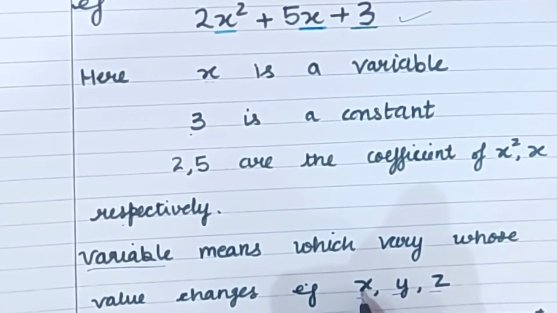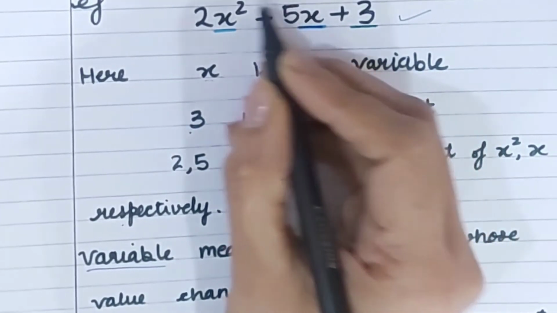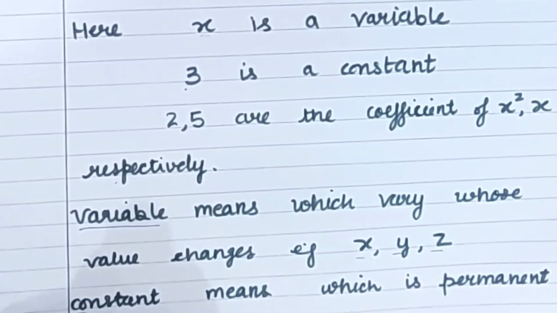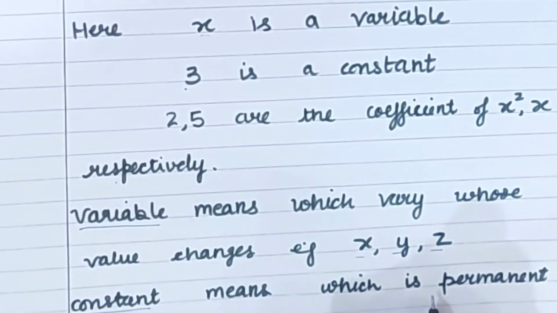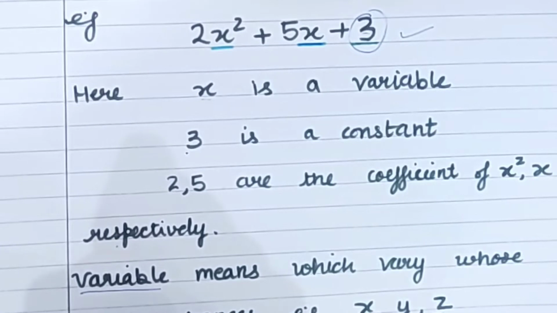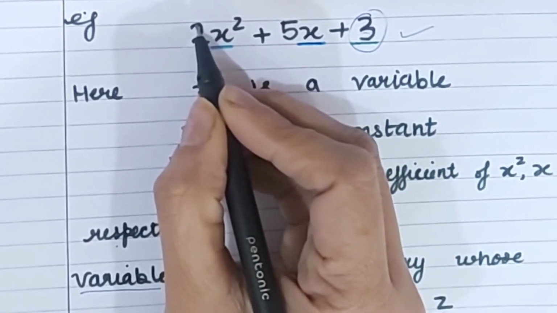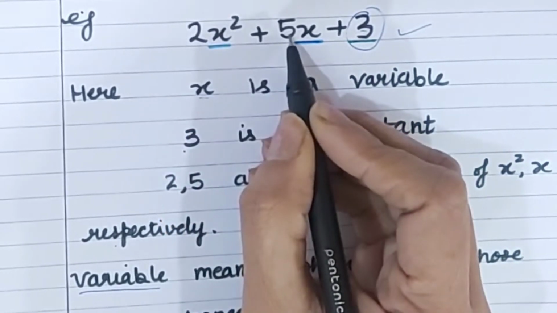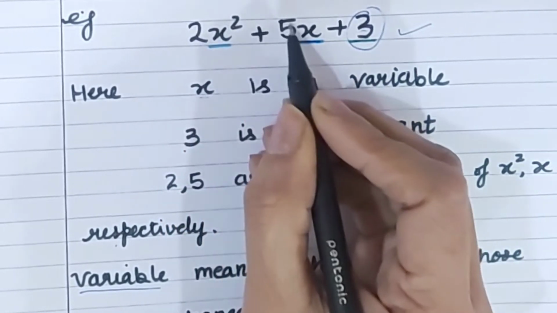We can put any value of these variables and then the value of this expression will change. And what is a constant? Which is permanent, whose value doesn't change. In this expression, 3 is a constant, right? And the coefficients of the variable x are 2 and 5 because they are joined with the variable.